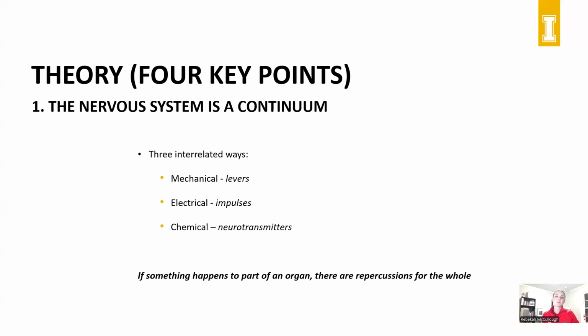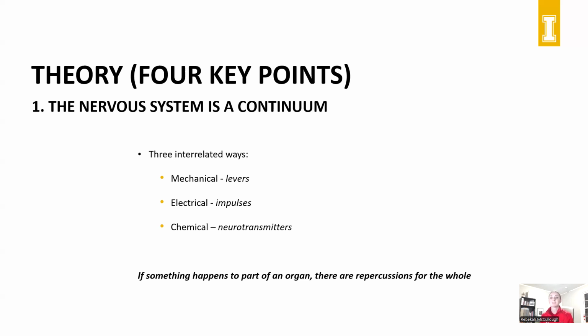And he believes this to be a necessary first step before the design of neurodynamic tests can really be understood and put into clinical use. So that first key point is understanding that the nervous system is a continuum. There's 3 interrelated ways of that: mechanically through levers, electrically through impulses, and chemically through neurotransmitters.